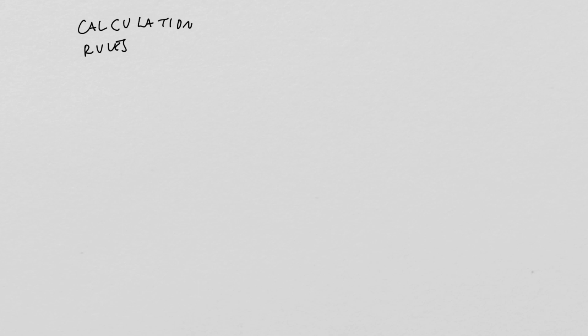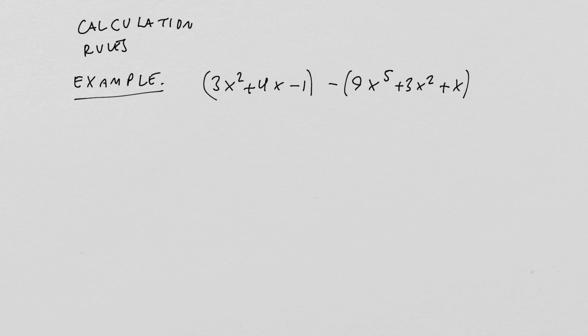Let's consider the calculation rules of polynomials a little bit. Let's remember that when we open the brackets, we remember to multiply all the numbers with the thing in the front. Here we would have -1, so we would multiply all of the terms with -1.